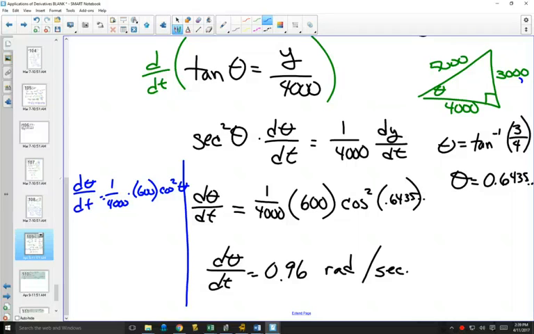Cos is what over what? Adjacent over the hypotenuse. Can you see that the adjacent over hypotenuse would be 4/5? And so if I squared it, I would get d theta dt equals 600 over 4,000 times 4/5 squared, which is 16 over 25.